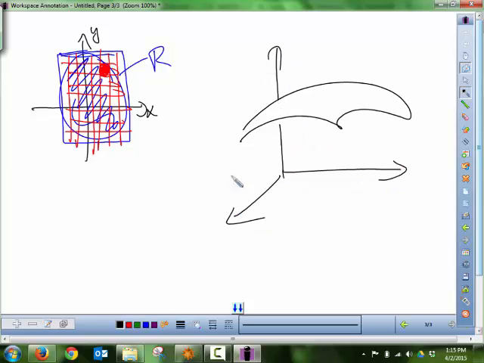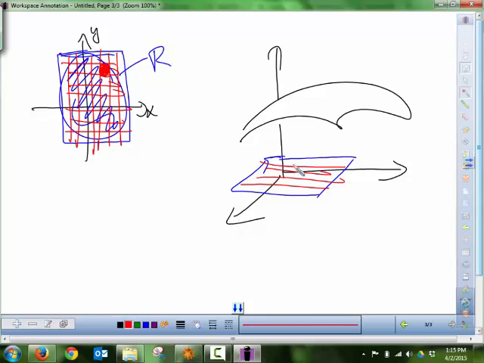Now let's incorporate this idea that we changed our mind and went to a square region instead, or rectangular region. And then we cut that up into little partitions. And we shaded one of them over here.